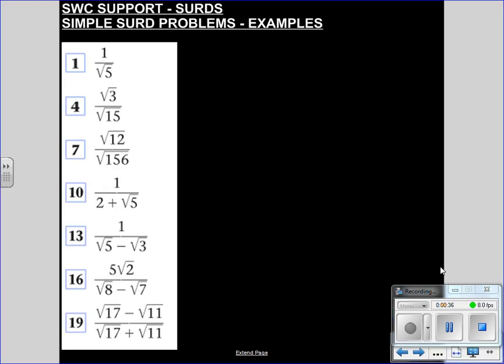So number one, if we're trying to rationalize the denominator, right? So this whole video is on surds, okay? On surds here. So if we're trying to rationalize the denominator, we need to get rid of the square root on the bottom. So to get rid of the square root on the bottom, we times top and bottom by root 5 over root 5, because that's the same as 1.